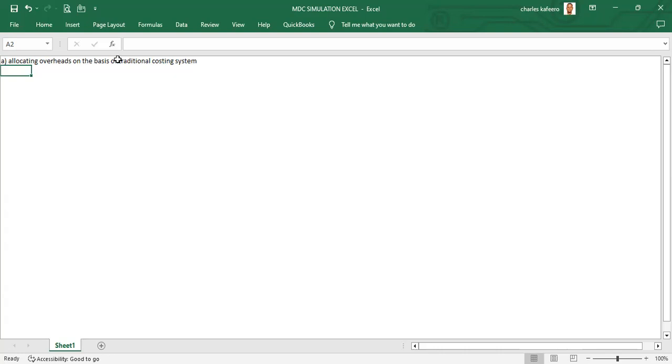Then we make sure that we do the workings on a different page. We don't do the computations within the question that had been asked for us. So we can try to put a layout. You can also put it in a table-like format.